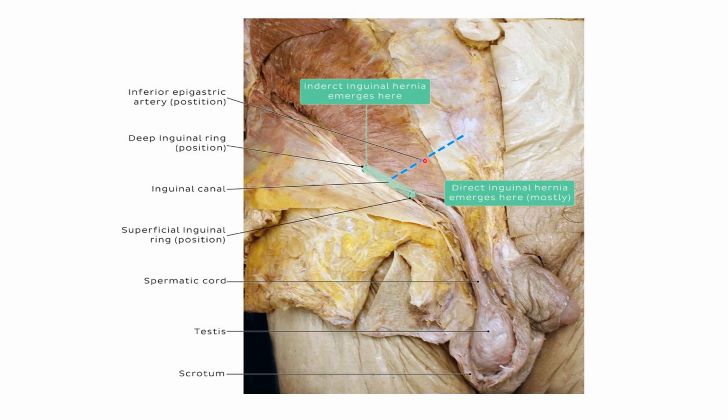So this triangle medial to this inferior epigastric artery is known as the Hasselbeck's triangle or inguinal triangle. Any protrusion of the abdominal viscera through this triangle will be labeled as the direct inguinal hernia.